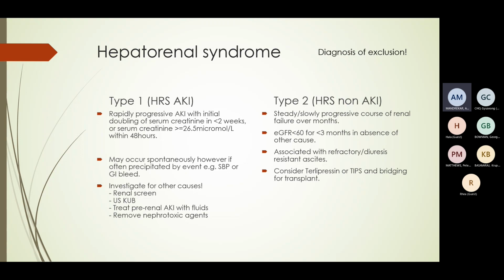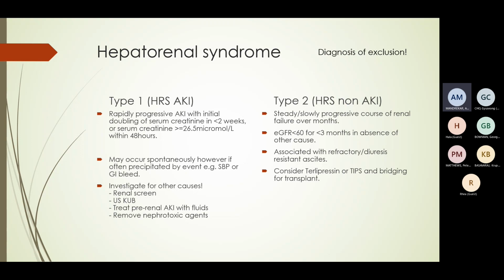But you would treat it initially in a similar way as you would a pre-renal AKI with fluid resuscitation and trying to remove unnecessary nephrotoxic agents. So if they're on an aminoglycoside, maybe you can think about changing that. If they're on diuretics, perhaps you can think about stopping or changing those diuretics. In general, the outcome for patients that have a type 1 hepatorenal syndrome is very poor. It has a very poor prognosis.